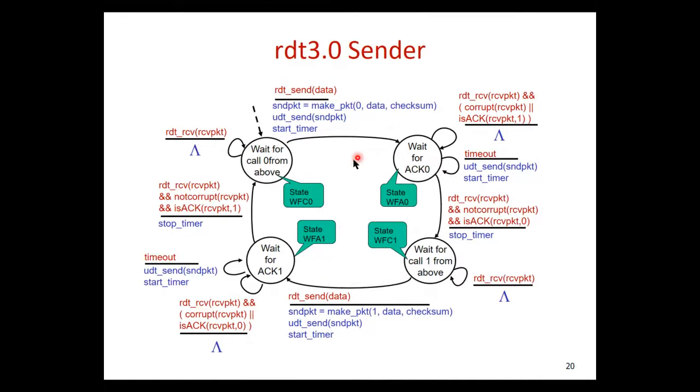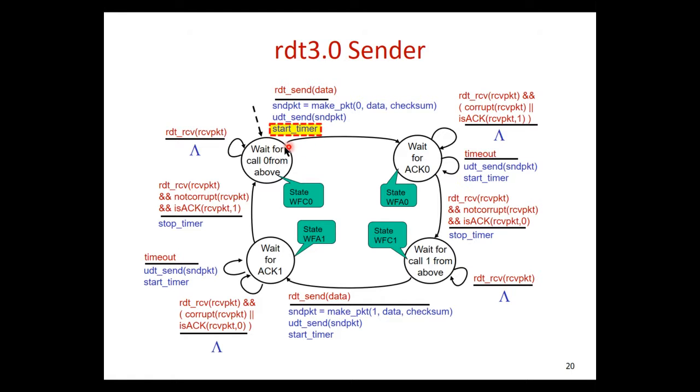If we compare with 2.1, okay, we have the wait for call 0, wait for ACK 0. Essentially it's the same, but we have a few additions due to the timer because we have to add a timer. And I'm going to highlight the timer additions.